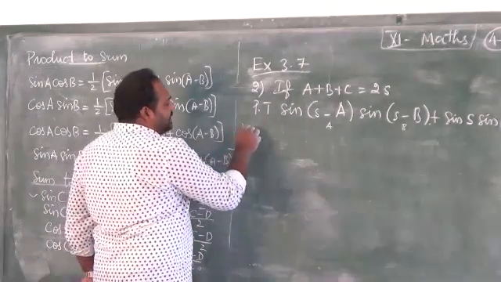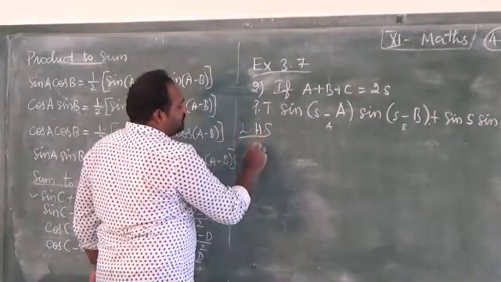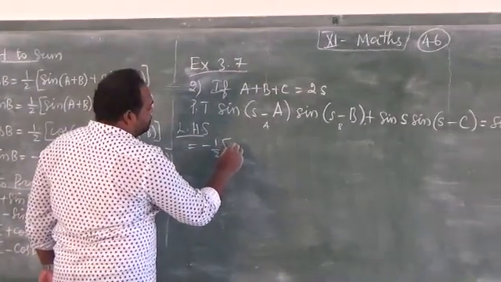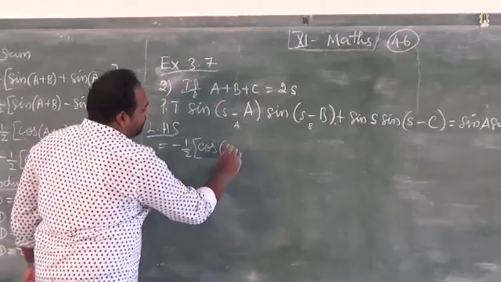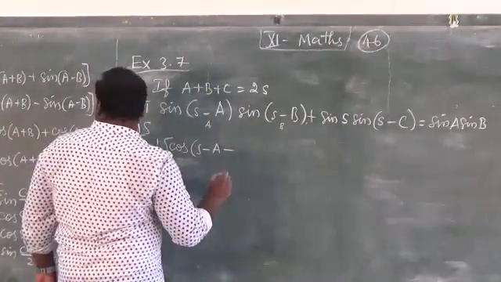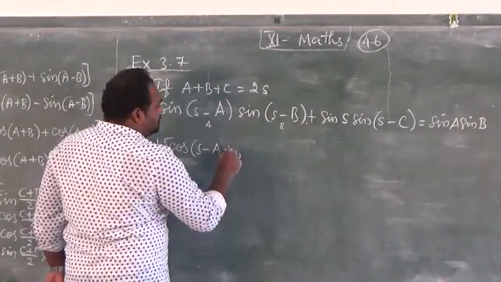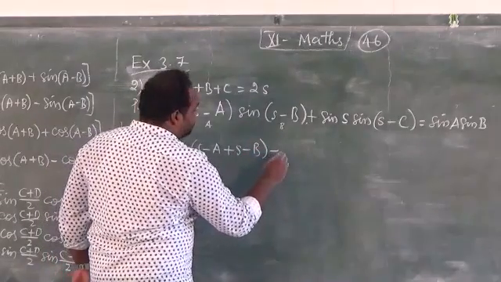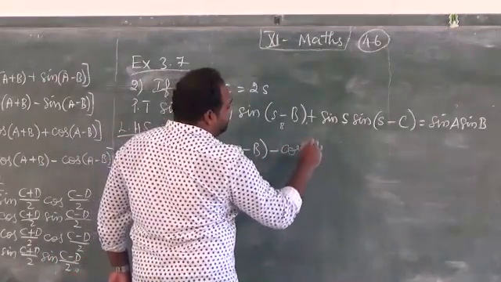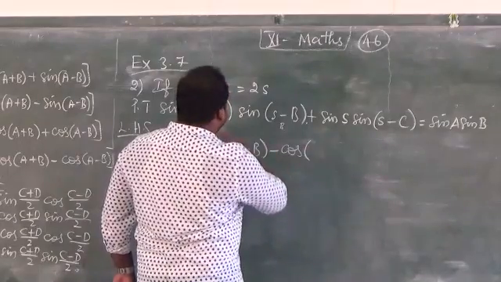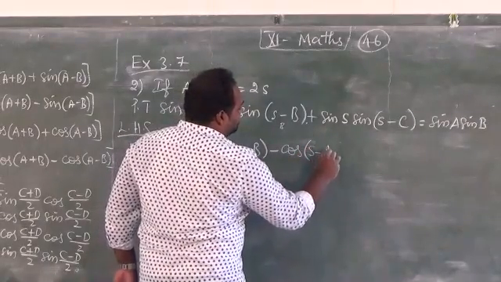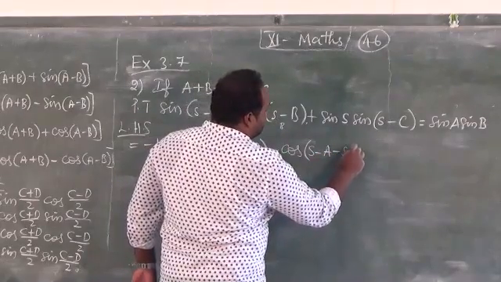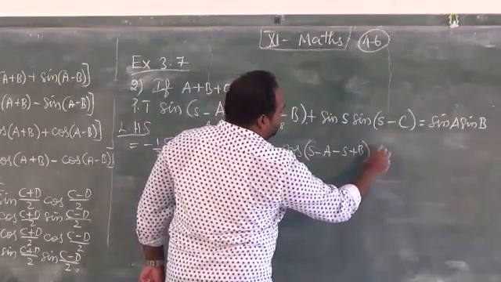So here the LHS is minus 1 by 2 into [cos of (s − a) + (s − b), then minus cos of (s − a) − (s − b)].